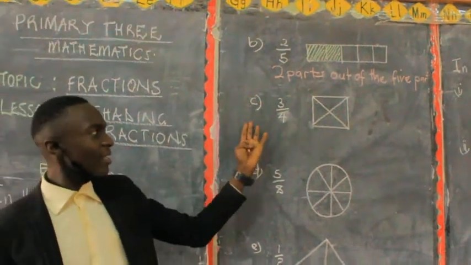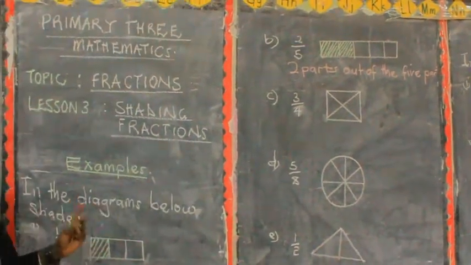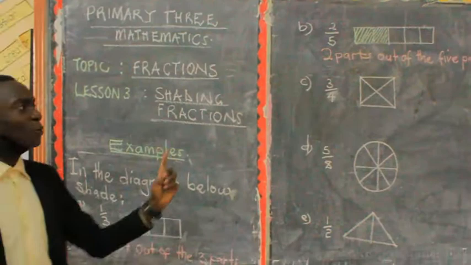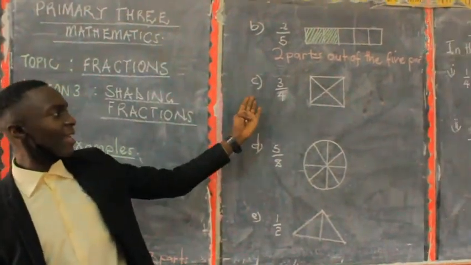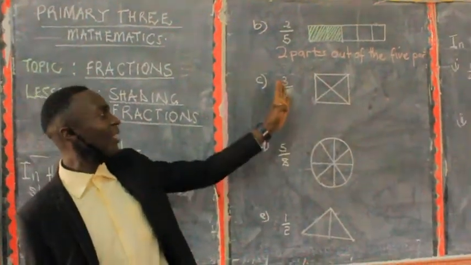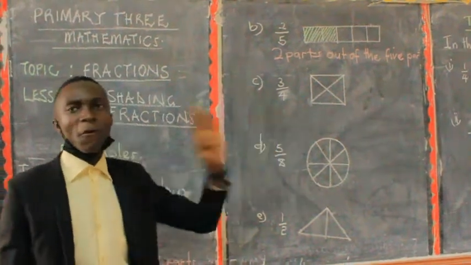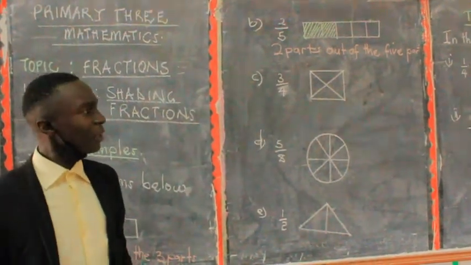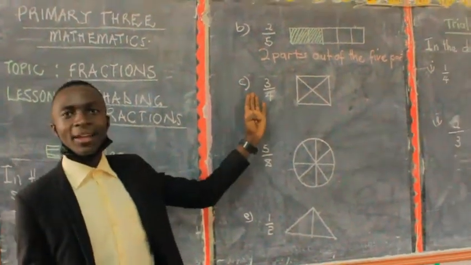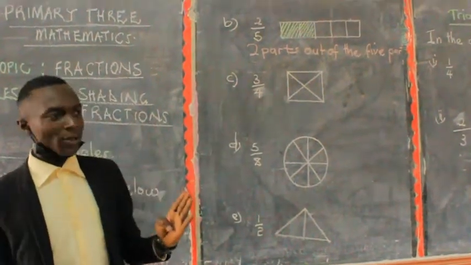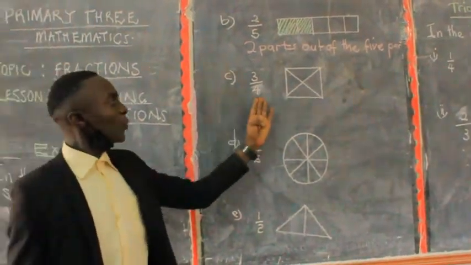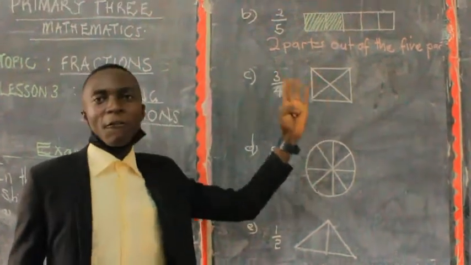Our part C is saying, remember the question was, in the diagrams below, we are going to shade. Then part C is saying that we are going to shade 3 out of 4. It can also be read as 3/4. So how do we shade 3 out of 4?